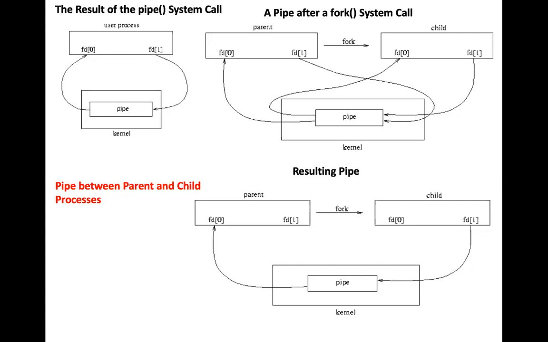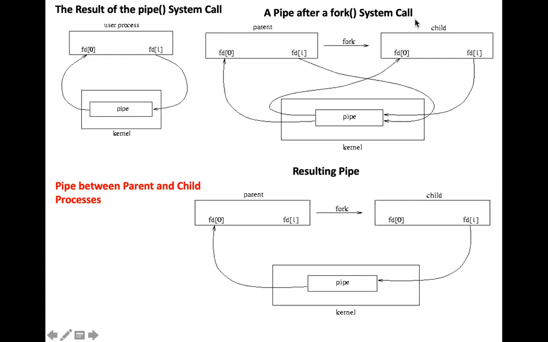Now let's assume that the parent process, the first process, does a fork. It will create a process exactly similar to itself, and as we know from when we studied fork, file descriptors remain the same.